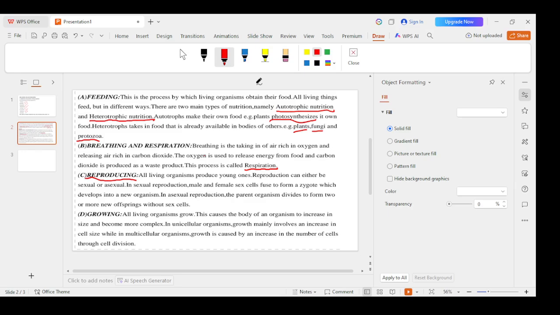Now what I mean when I say one type of reproduction is sexual is that you have a male and a female adult. They meet, and when they meet, they have the chance to reproduce their young ones.